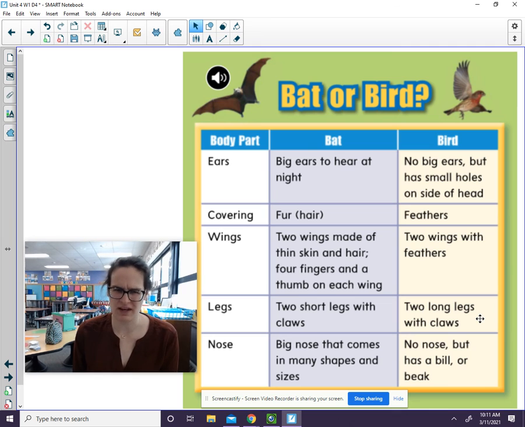Well, what's different then about a bat's legs and a bird's legs? Bat's legs are short, while birds' legs are long. Charts can be very helpful to organize information and easy for us to find the information and to compare different things.